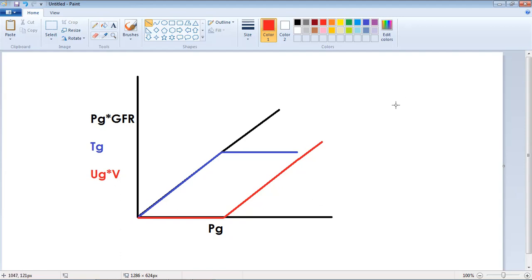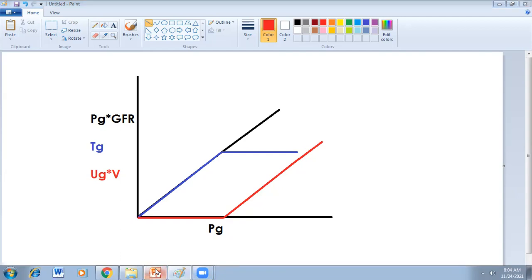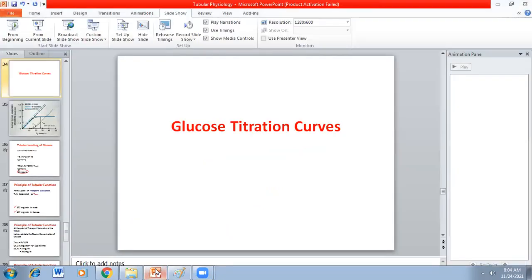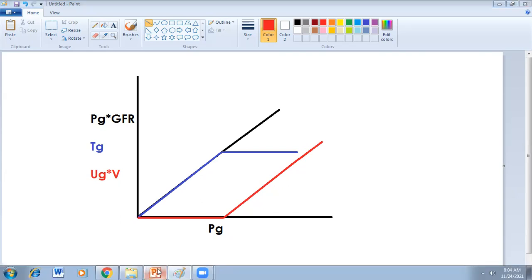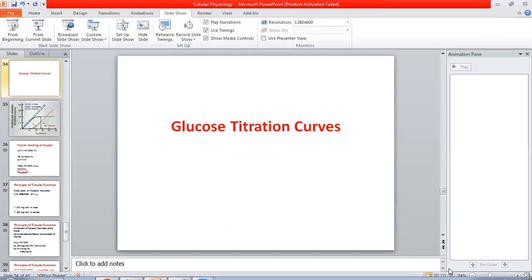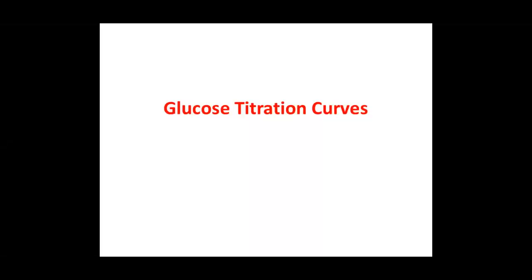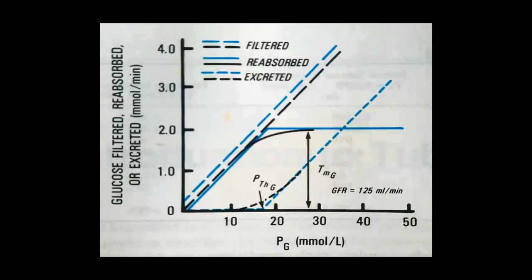Now with this backdrop, if we return again to the glucose titration curves, the copybook picture of glucose titration curves, this is the classical glucose titration curve, the curve which I have drawn just now.